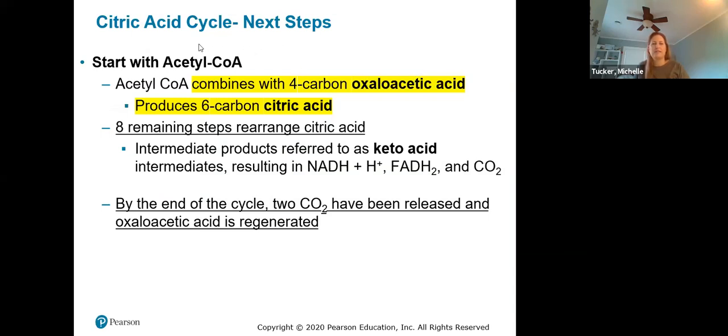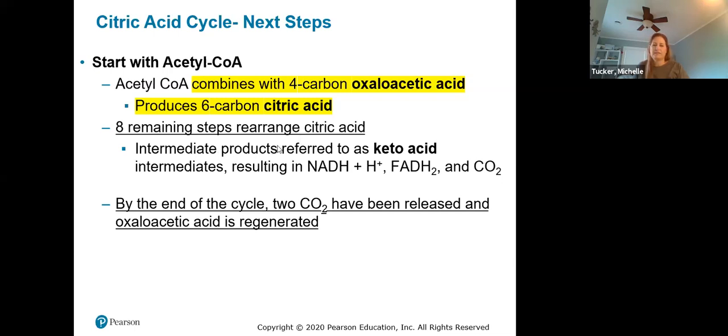We've gone from pyruvate, we've decarboxylated it, lost 1 carbon as CO2, and it combines with coenzyme A to become acetyl-CoA. Acetyl-CoA combines with 4-carbon oxaloacetic acid to produce the 6-carbon citric acid, which is why this is also called the citric acid cycle. There are 8 remaining steps, so that's that circle, and it has enzymes to catalyze each step.